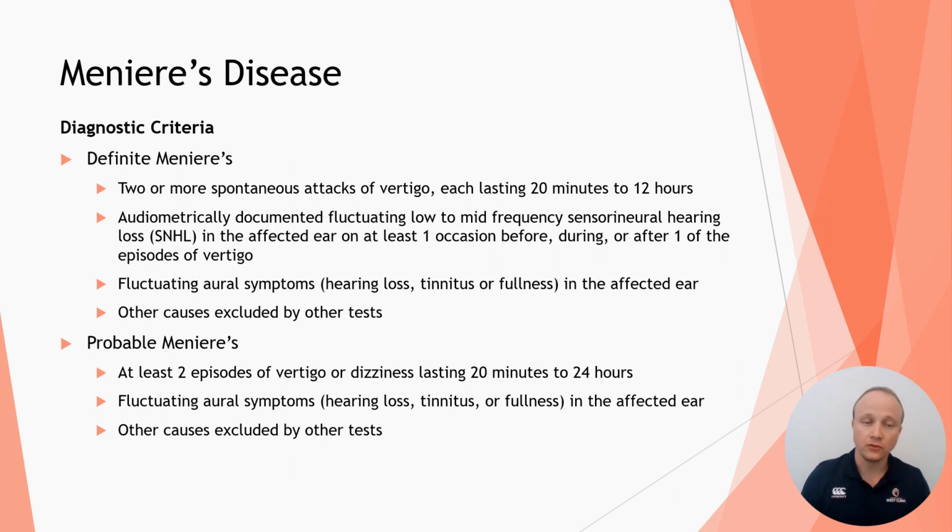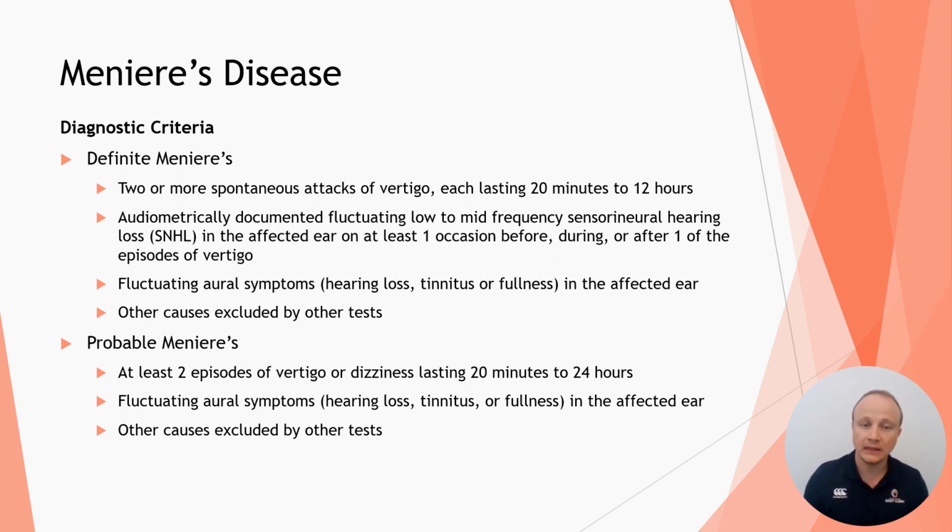So move on to Meniere's disease, which a lot of people have no doubt heard about. It is quite a rare condition though. So what we're expecting to see here is 2 or more spontaneous attacks of vertigo lasting somewhere from 20 minutes to 12 hours. You may get some low to mid frequency hearing loss, and you may have some fluctuations in ear symptoms.